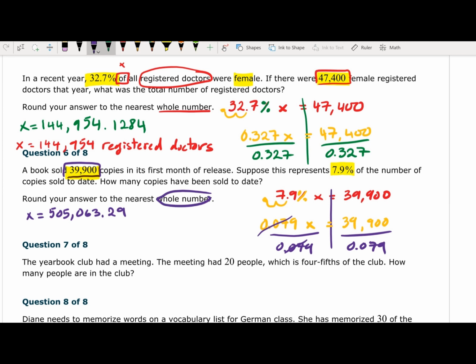And we round it to the whole number, so that will be 505,063 copies have been sold to date.